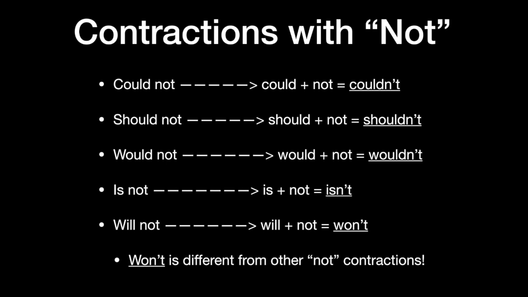You can say, I will not do that, or you can say, I won't do that. I also have a little note at the bottom that won't is different from other not contractions. That's the main one to keep an eye out for when you're reading or when people are speaking.